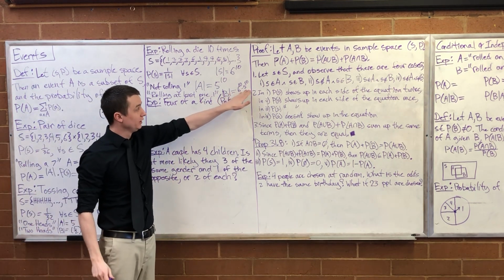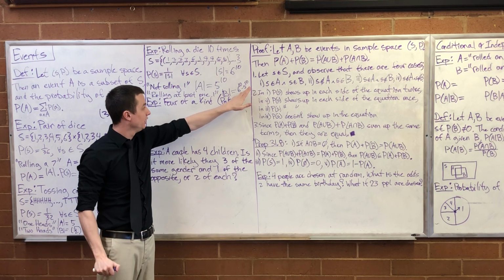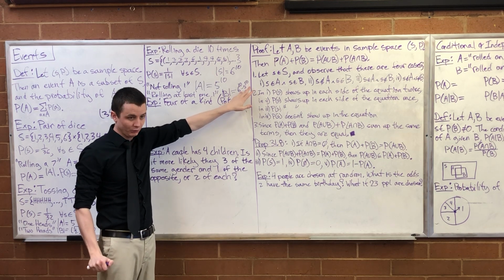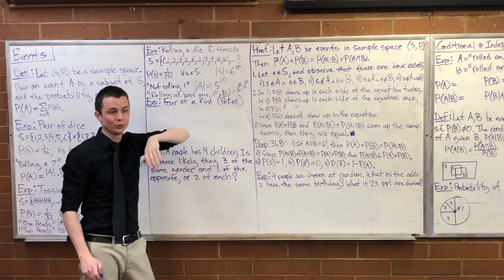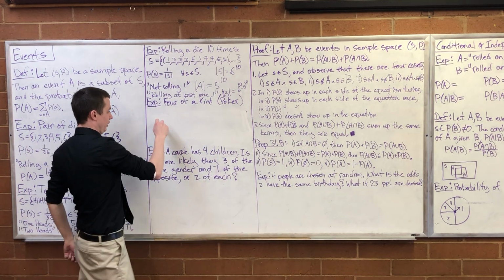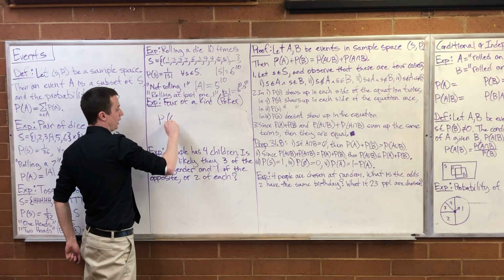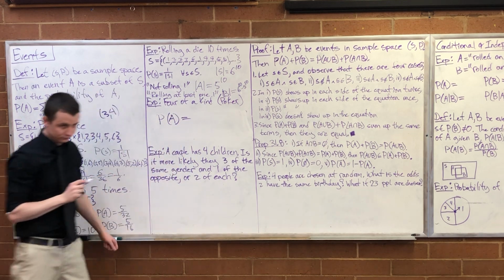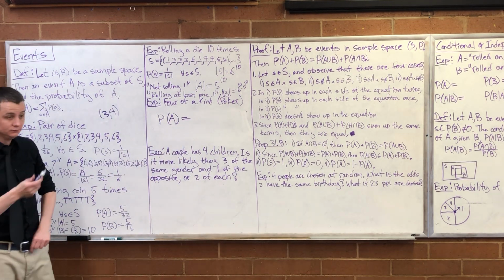So this is the event not rolling a 1, and now you know how to calculate the individual probabilities, right? What's the probability of A equal to? 5 to the power of 10 over 6 to the power of 10.